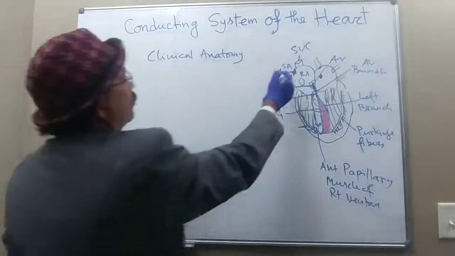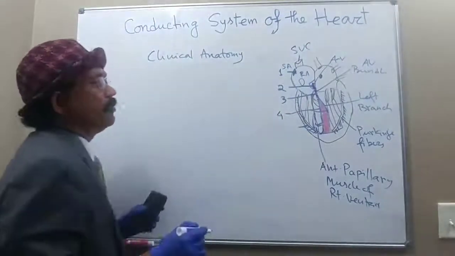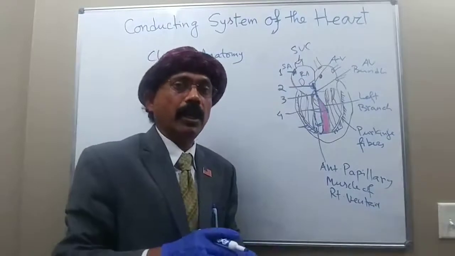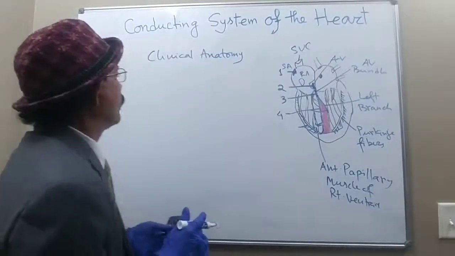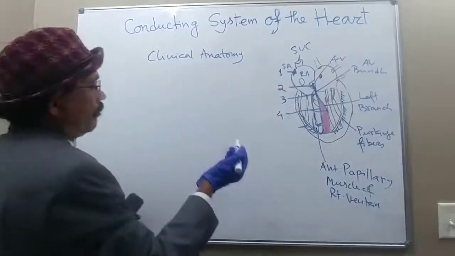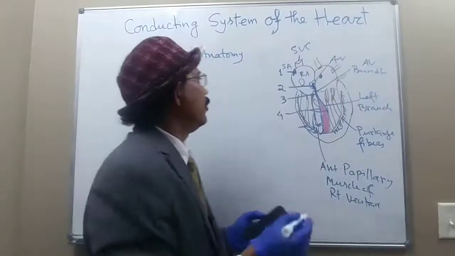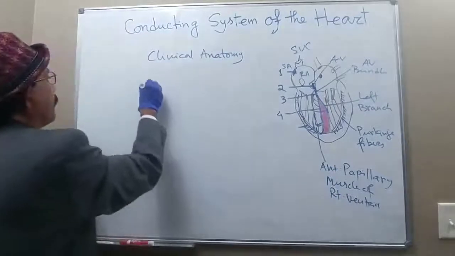We have to know that the SA node produces impulse. If there is no impulse, then we'll have bradycardia, heart rate will go down. Okay, so we may have bradycardia, one of the important points here, and we may have heart block.